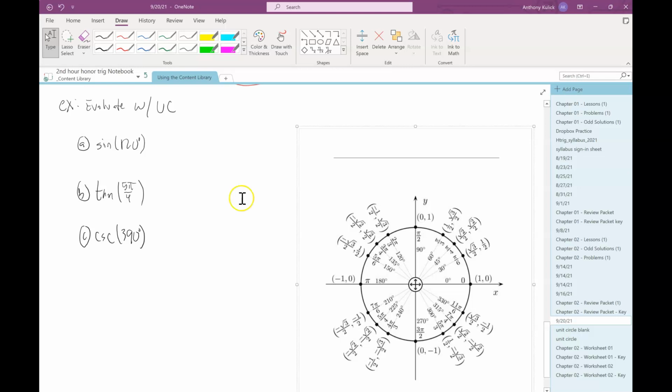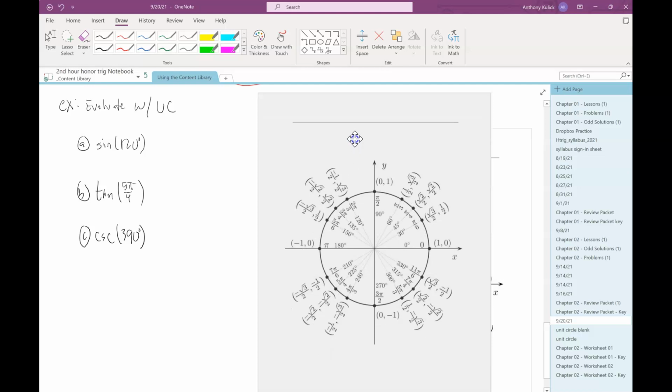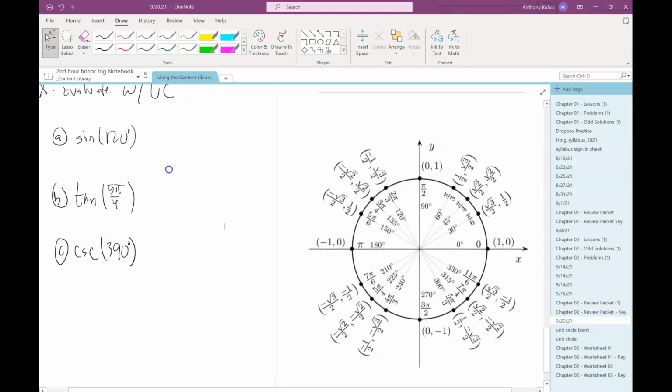Okay. So let's say we're asked to evaluate each one of these using the unit circle.